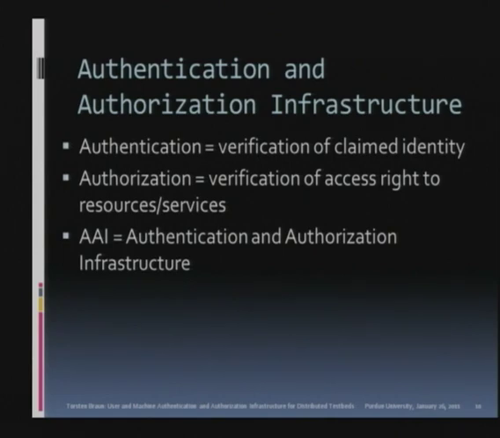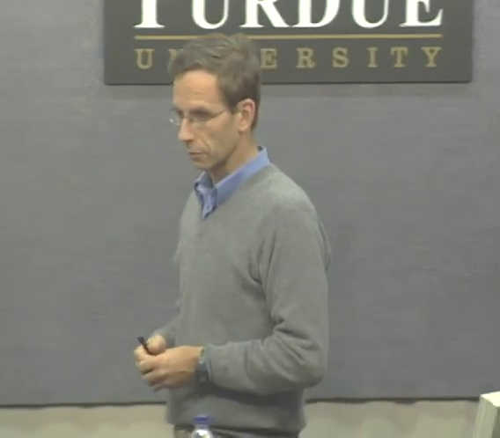Under authentication, we understand the verification of a claimed identity, and authorization is the verification of the access rights to resources or to services provided by our system. And a system which combines both authentication and authorization is in the following called an Authentication and Authorization Infrastructure.